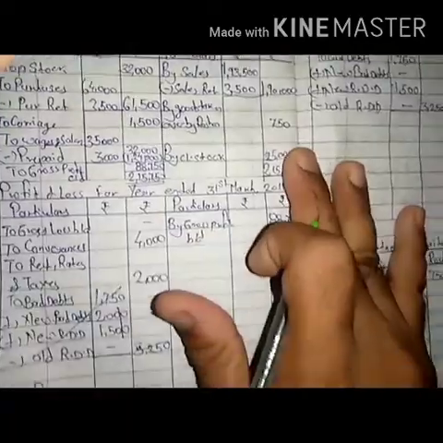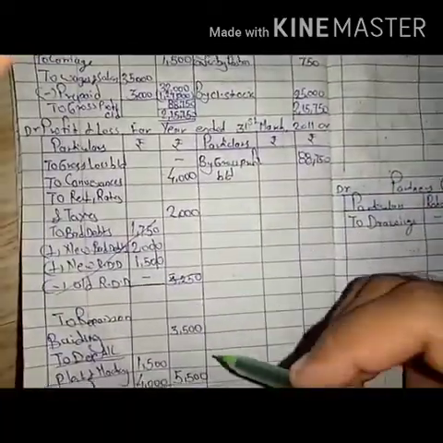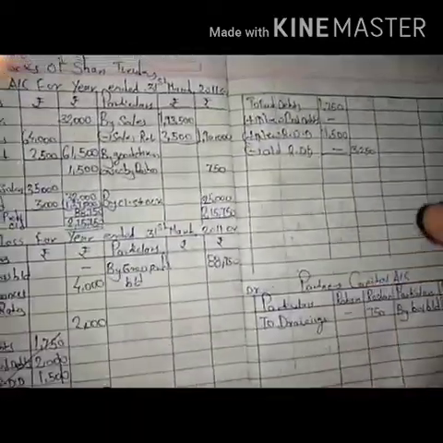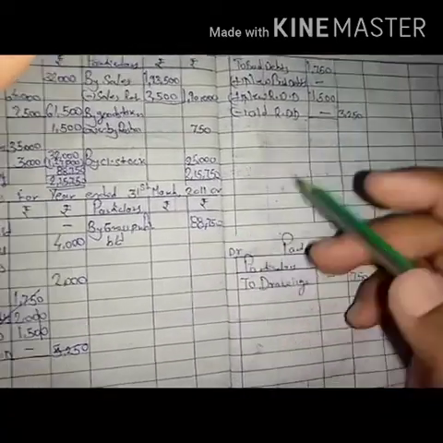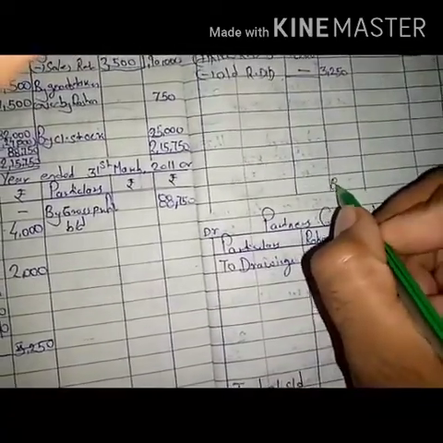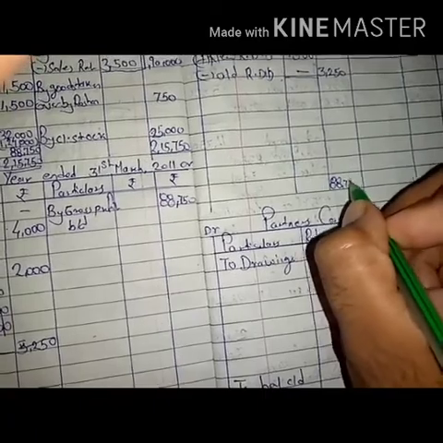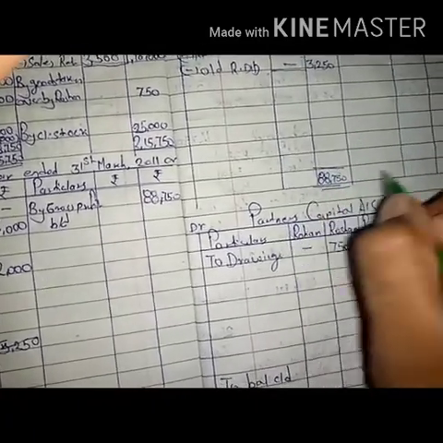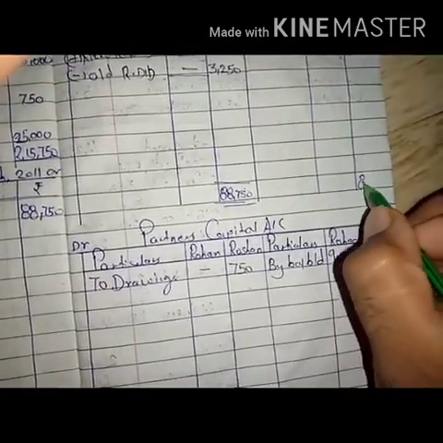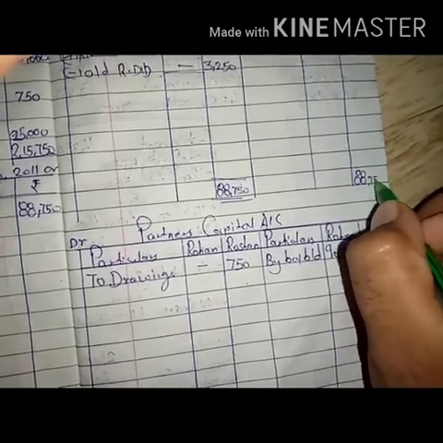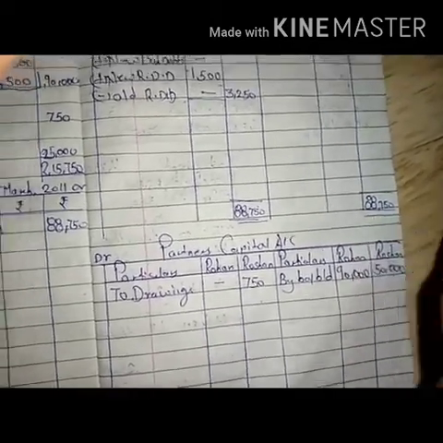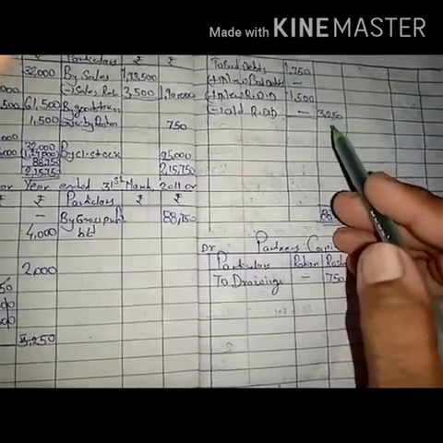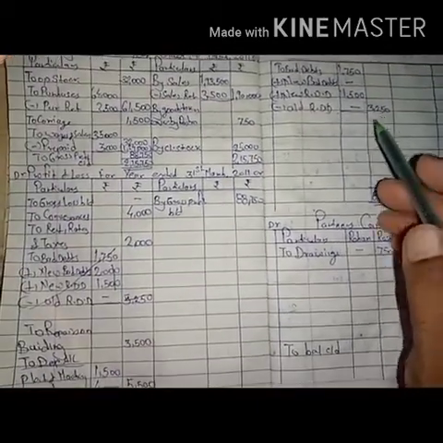88,750. We are going to make the total of these items. As we can see, 88,750 is greater, so I'm going to write it over here, 88,750, on both sides of the profit and loss account. Now we are going to total these accounts.